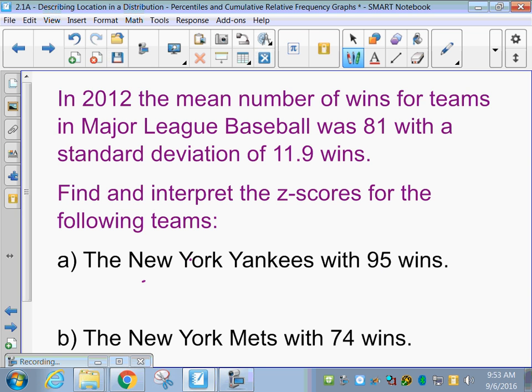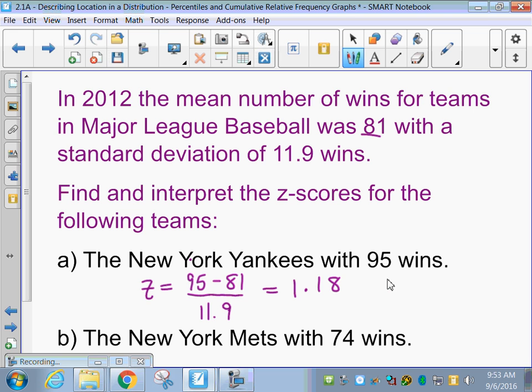So we are going to find the z-score. You need to memorize the formula for z-score, all right? So it's the data point that you're given, so that's 95, minus the mean, which they tell us is 81, divided by the standard deviation, 11.9. And we get 1.18. Okay? So again, we want to interpret it.